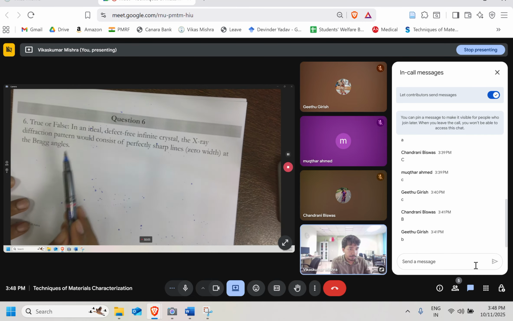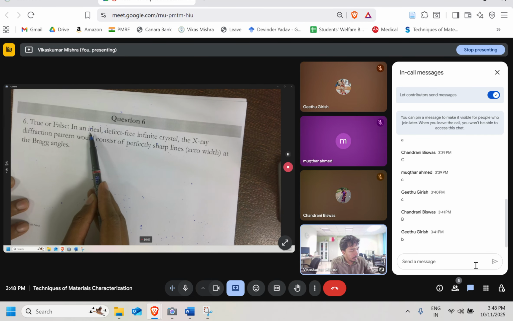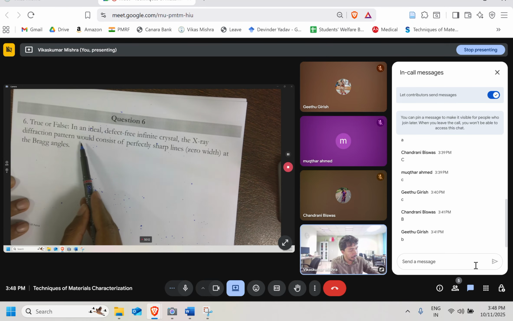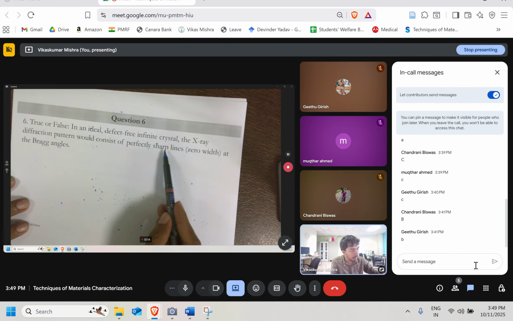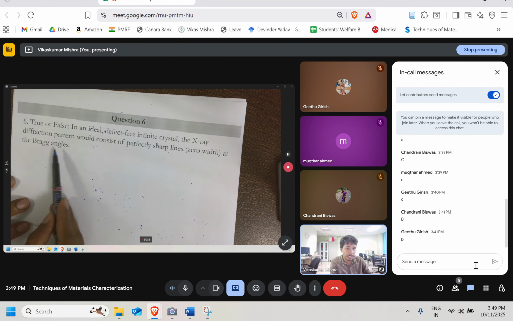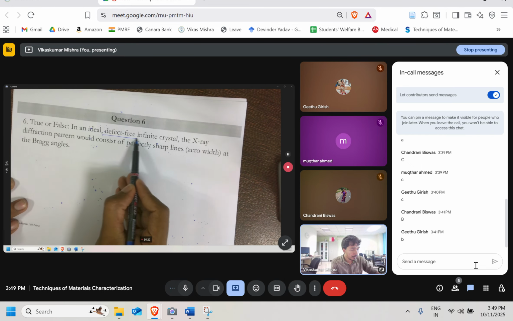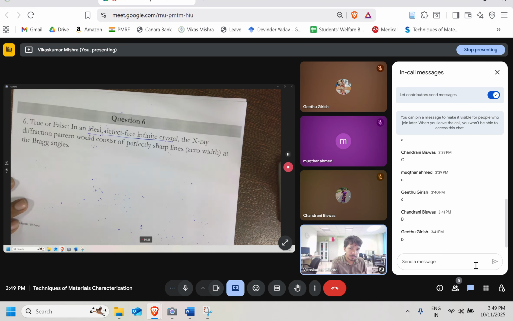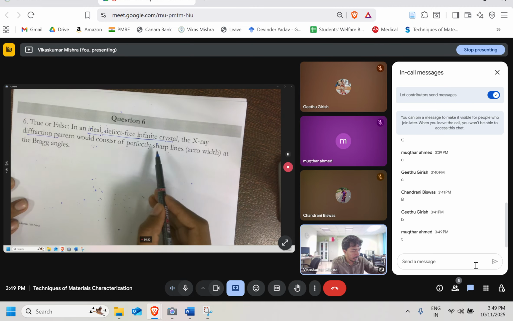True or false? In an ideal, defect-free infinite crystal, the X-ray diffraction peak would consist of a perfectly sharp line, of zero width, at the Bragg angle. Defect-free, ideal, infinite crystal, okay. The diffraction pattern would consist of a perfectly sharp line.